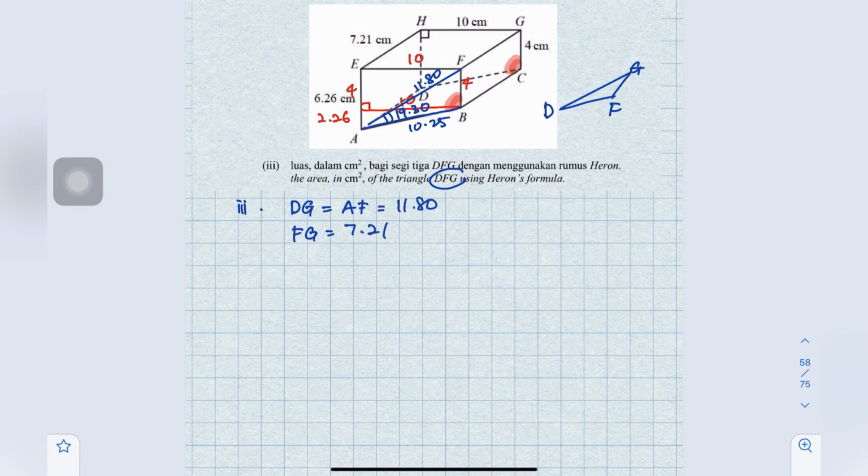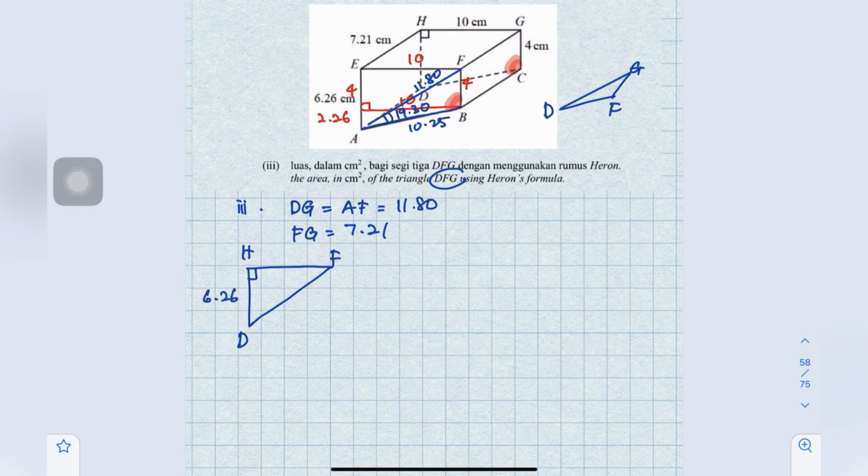Okay, so then kita nak cari DF pula. Okay, but before that kita kena cari ni lah. Kena cari HF. So kita lukis this one H, this one F, this one D. Okay, so HD is 6.26.